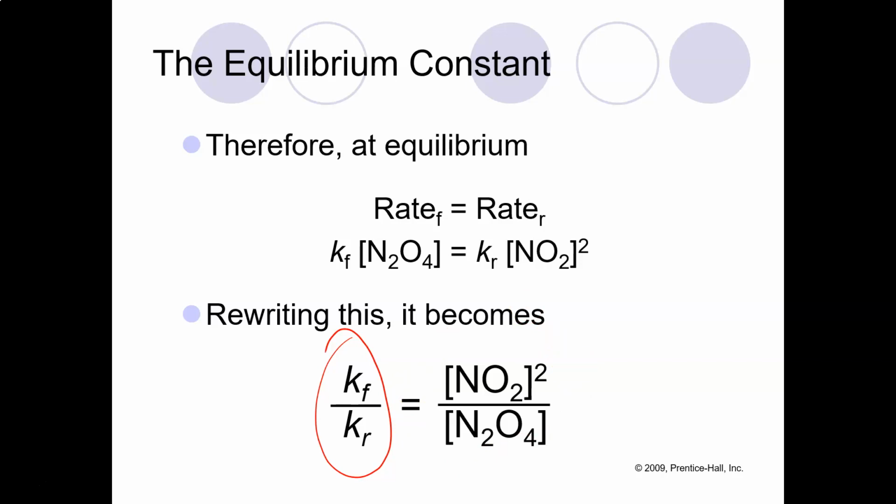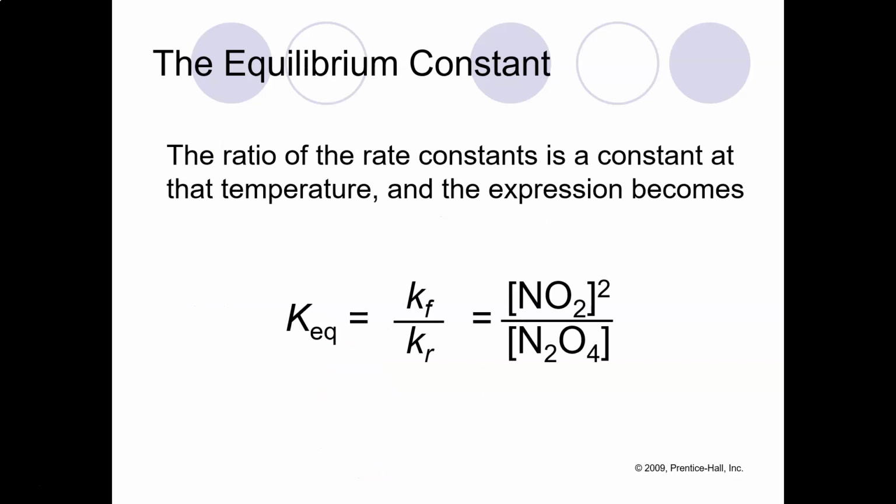Okay, so this is one of those times that if I was in charge of chemistry, I would have made different decisions here. But the ratio of the forward rate constant divided by the reverse rate constant, these are the rate constants from rate laws.